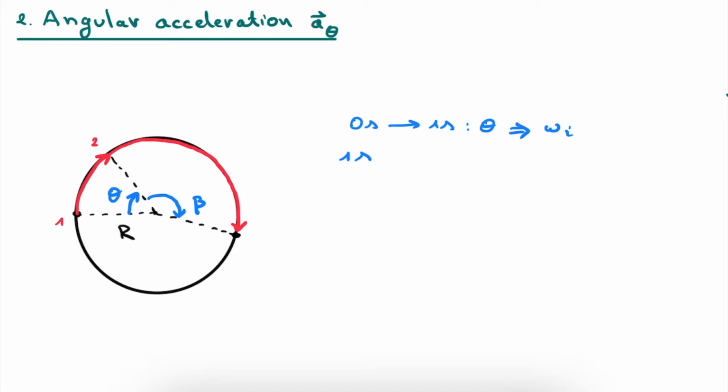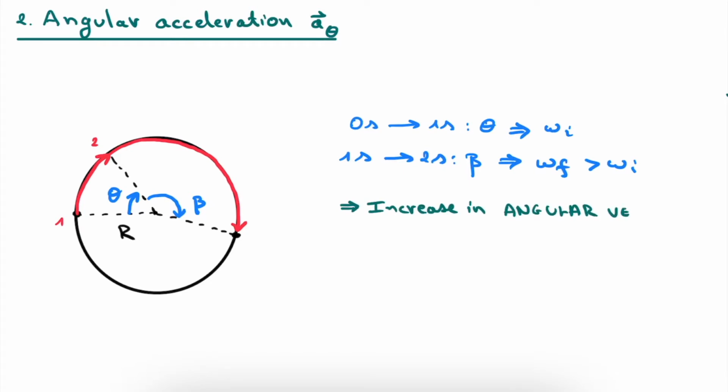So from second 1 to second 2, we traversed an angle beta. And therefore, we can derive that in this second period, our angular velocity is actually larger than our initial angular velocity. And therefore, we conclude that in this circular motion, there is an increase in angular velocity.